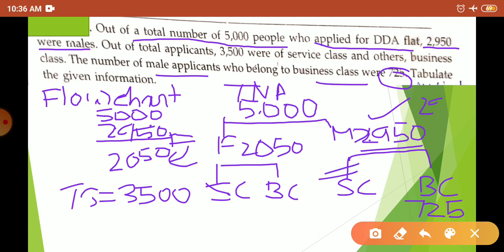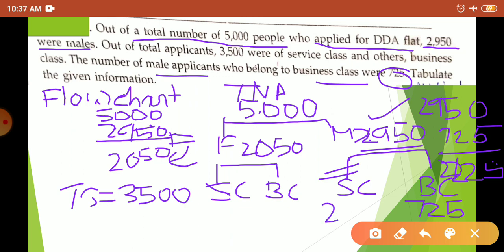So 2,950 minus 725. So it will be 2,225.